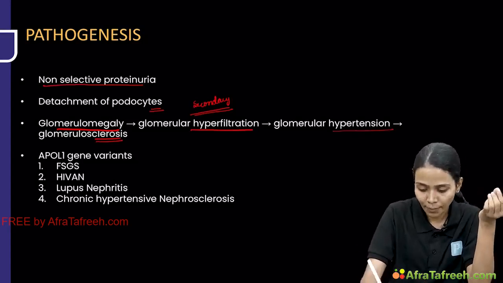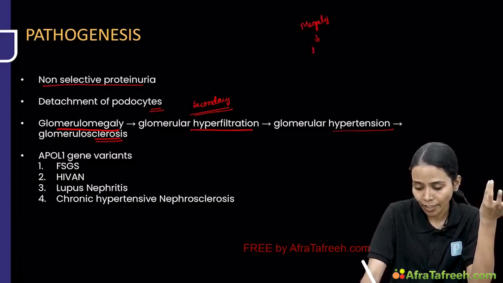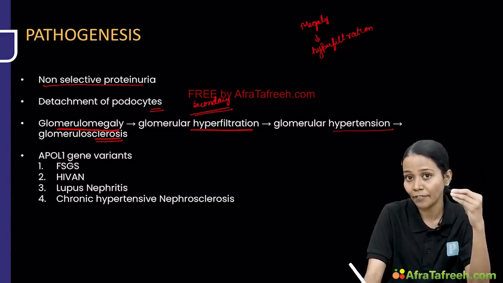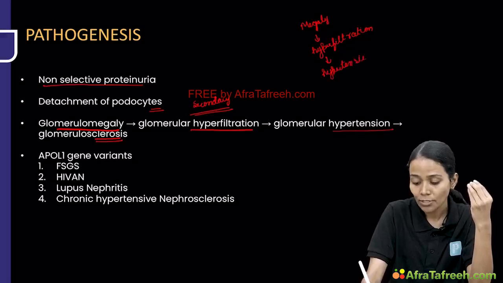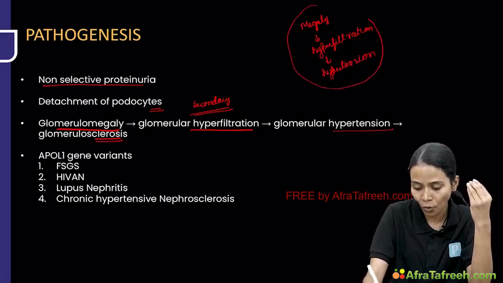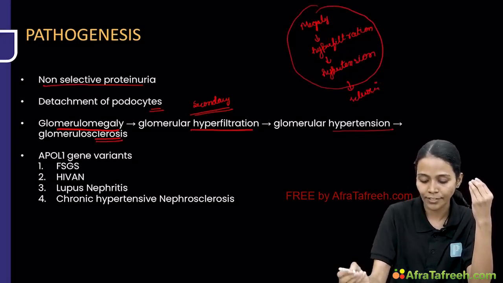So, first it becomes big, that is glomerulomegaly. Then once it becomes big, it's going to filter more, right? So, hyperfiltration. Then once it hyperfilters, the pressures are going to be high inside. So, that is hypertension. Once all this happens, the chronic damage is what leads to sclerosis. Okay, this is in secondary.